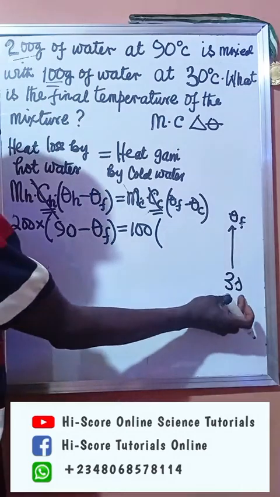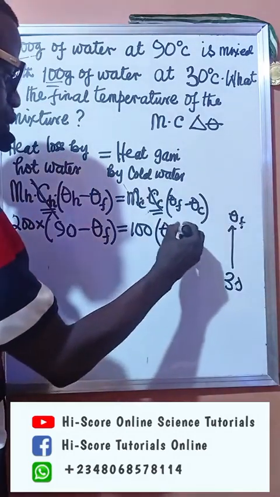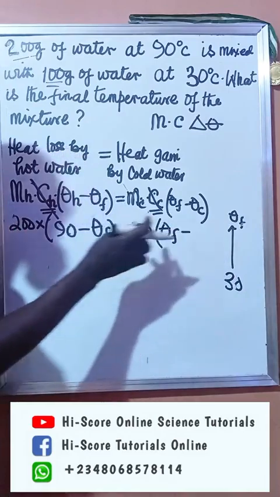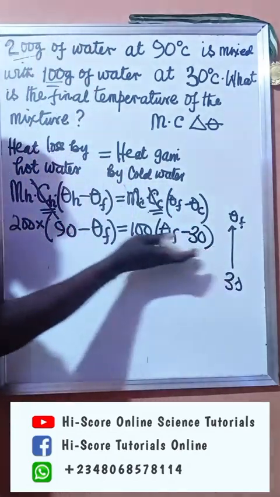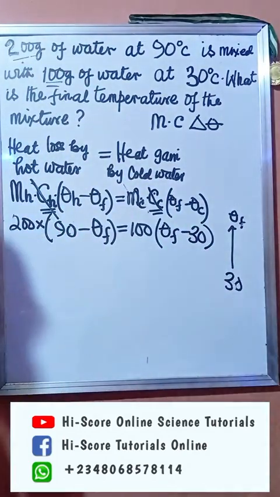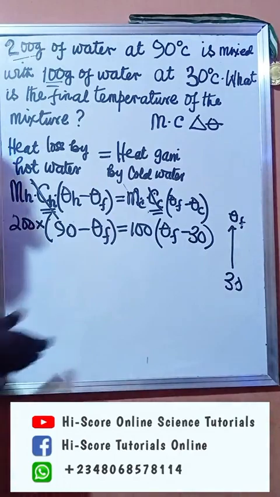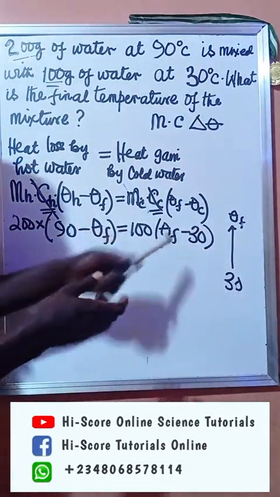So it's going to rise from this to this. So theta final still remains unknown, minus the temperature of the cold water, which is 30 degrees Celsius. After doing this, we can go on to simplify this and solve for theta final.